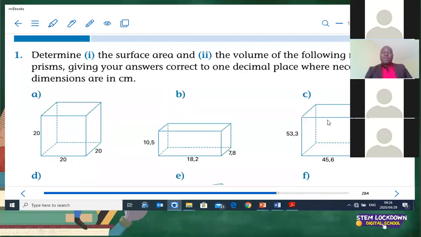To qualify what Amo has just said, we can conclude that in the rectangular prism here in B, as well as the prism in A, in A all sides are equal, whereas in B all sides are not equal.